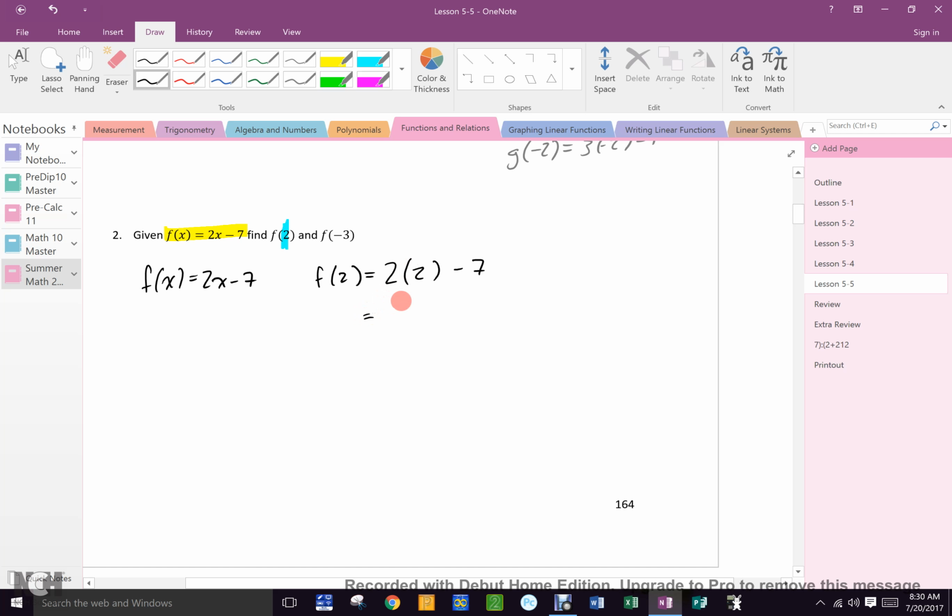What is 2 times 2? 4 minus 7. 4 minus 7 is? Negative 3. What's the ordered pair here? 2, negative 3. Okay. What's the next one? f of negative 3, which means what?